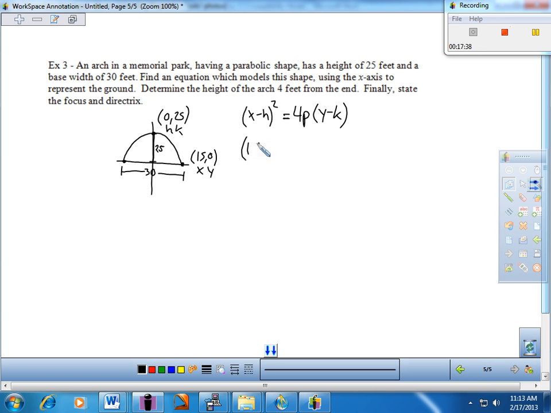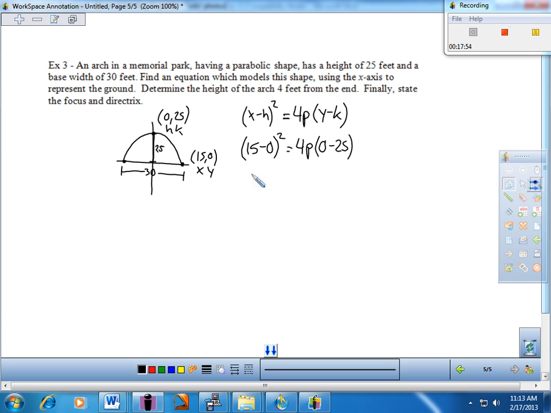All right, let's fill in what we know. X is 15. Put that into the mix if you would. H is 0. Square that piece and that piece only. Okay, then I have my 4 times the p, and then let's do y minus k, so in this case 0 minus 25. Okay, we're looking good.